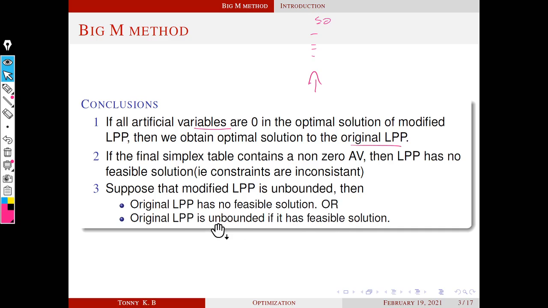In that case, the original LPP is unbounded. Otherwise, the original LPP is not feasible. Anyway, if the modified LPP is unbounded, we have no optimal solution.